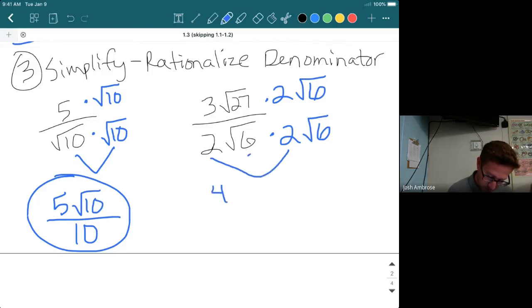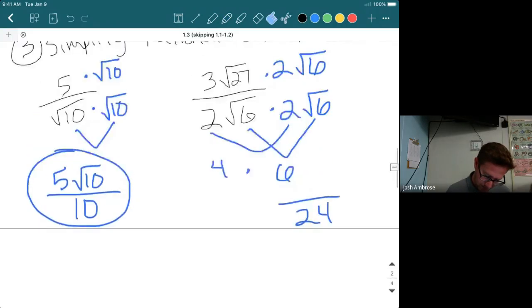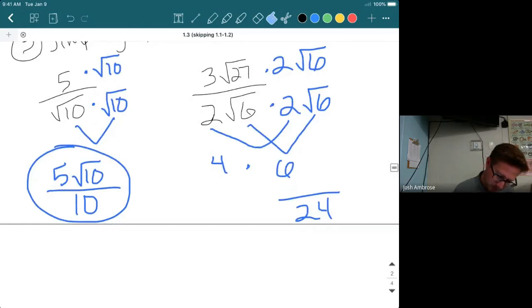We have a radical 6 times a radical 6. Remember, what does that become? It just becomes the number that was under the radical, so 6. And then we have these two multiplied together: 4 times 6. So that's going to be 24 in our denominator. All right, we're going to need some more space, so let's scroll a little bit. Make sure we have that space.